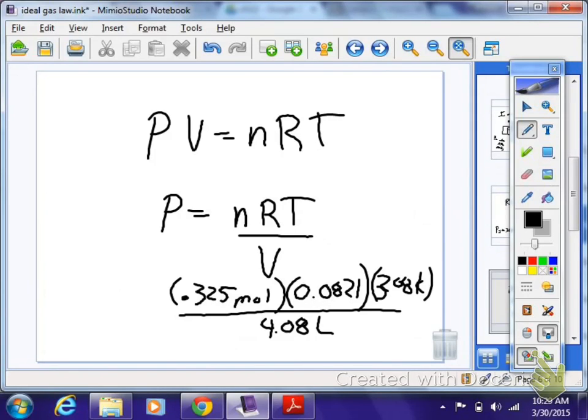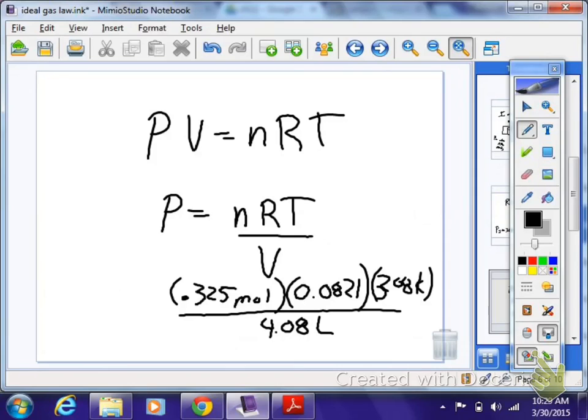All right, so that problem is asking for pressure in atmospheres. So we set up the symbols. P equals nRT over V, because we divide both sides by V. Then our moles is 0.325. Our R value, it asks for atmospheres, and so we look at table 2, or the ones I give you. The one you need to use if you want pressure in atmospheres is 0.0821.